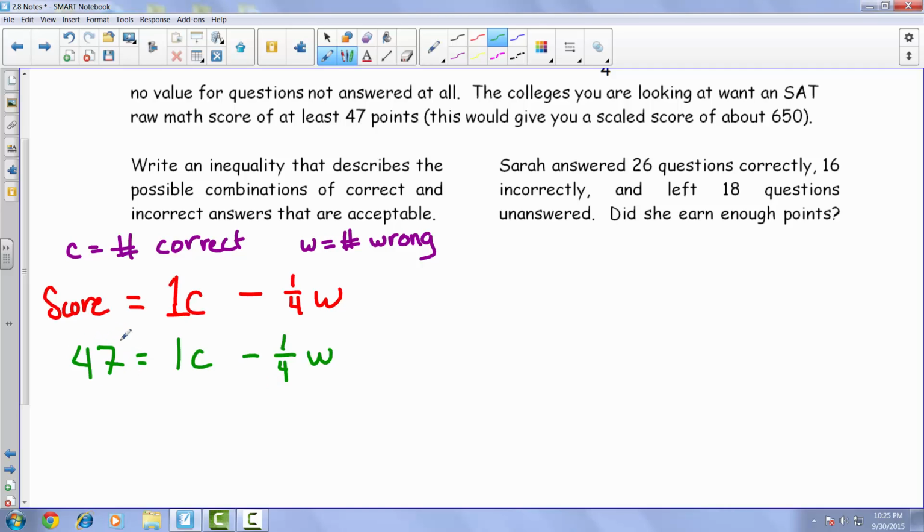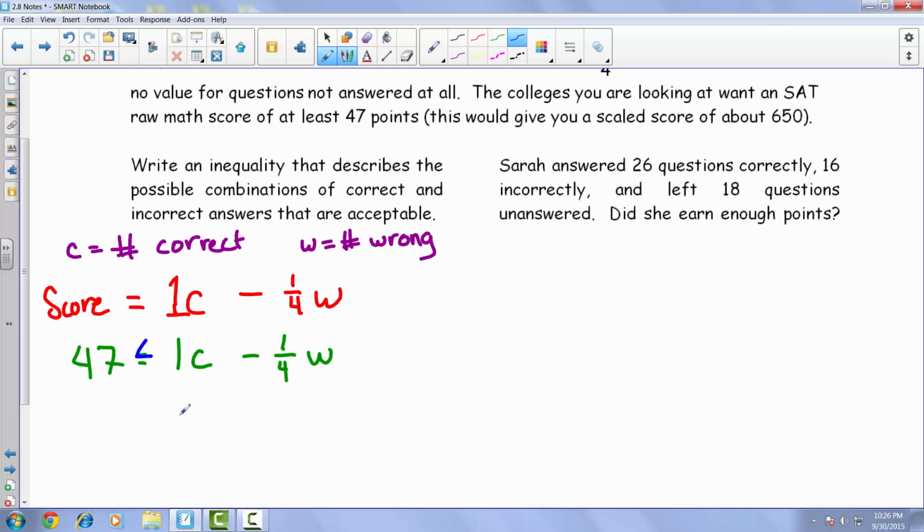So this is the smallest thing that we can actually get. And as a result, with all of the numbers that we get correct and wrong, even though we're docked a fourth, all of this on the right side has to be larger than or equal to 47. Again, just because we need a minimum of a 47.